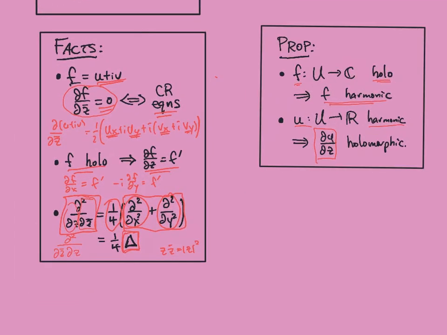So du/dz, if I apply d/dz bar to that, I get 0 because u is harmonic, but then that says that this part satisfies the Cauchy-Riemann equations, which by our earlier theorem shows that this derivative here is actually holomorphic.